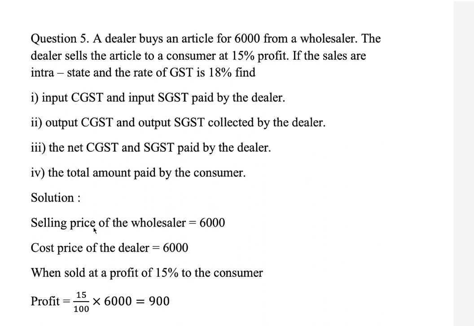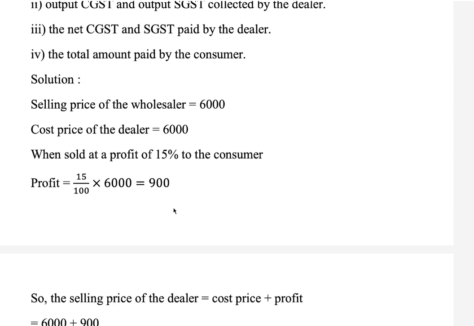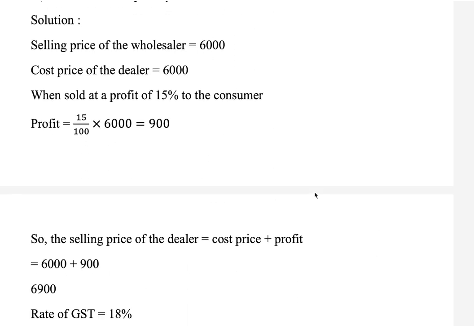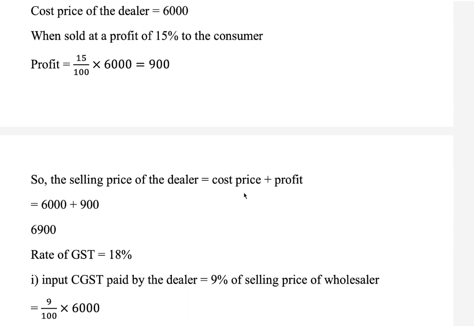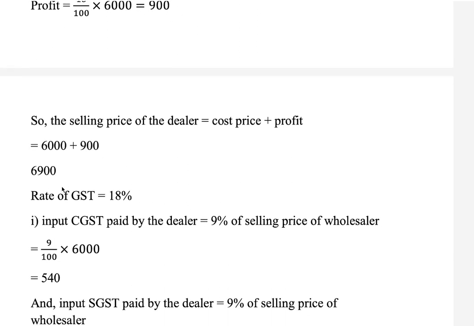So what is the selling price of the wholesaler? That comes to 6,000. After that they will charge 15% as profit. So 6,000 into 15%, that comes to 900 rupees. So selling price of the dealer, that is cost plus profit, that 6,000 plus 900, that is 6,900. Okay, the rate of GST is 18%.